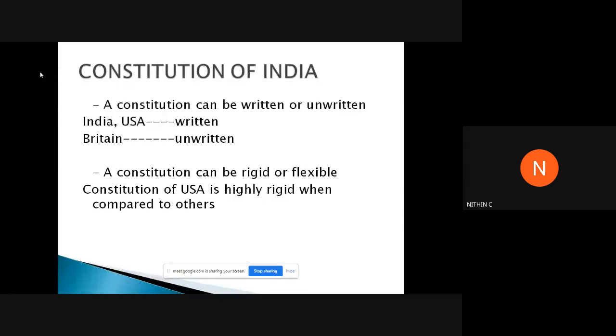Indian constitution is enacted, then it is written, it is neither rigid nor flexible. We can note that the constitution is enacted, written, neither flexible nor rigid. We cannot say that it is rigid or flexible. It is both, and at a very middle level.